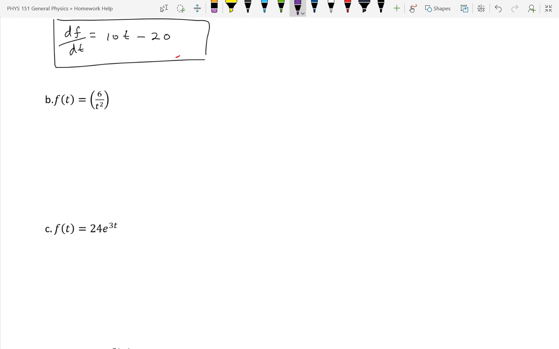All right. So I'm going to change f of t equals 6 over t squared to f of t equals 6 times t to the negative second to make the power rule easier. And then I'm just going to do the power rule. It'll be 6 times negative 2 times t to the negative 2 plus 1.